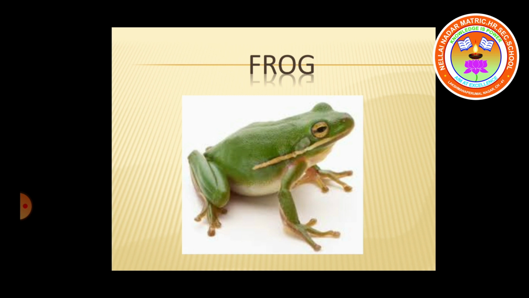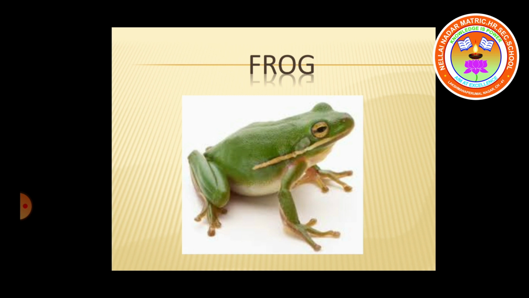So the amphibians are poikilothermic animals. Here the body is divided into head and trunk with two pairs of limbs. They have a head part, trunk part and two pairs of limbs.